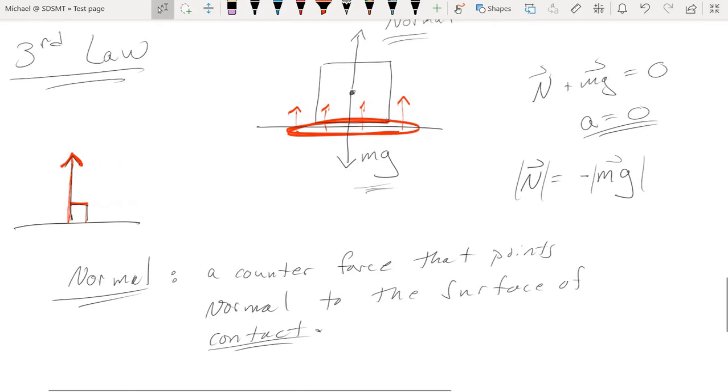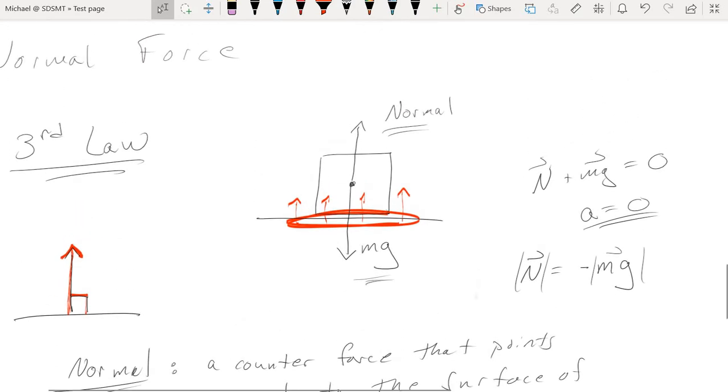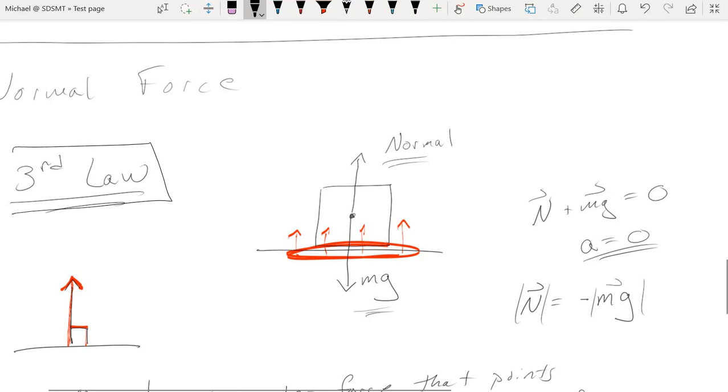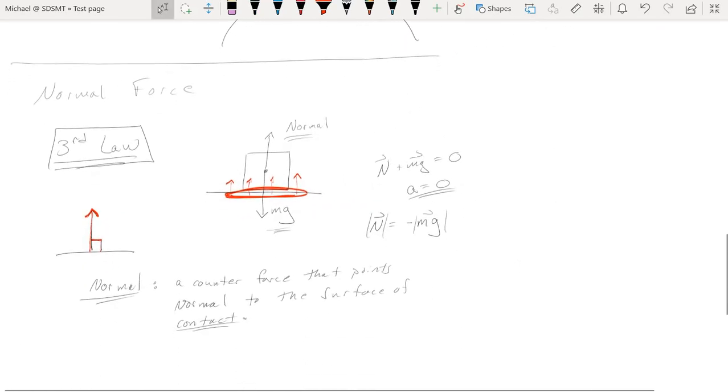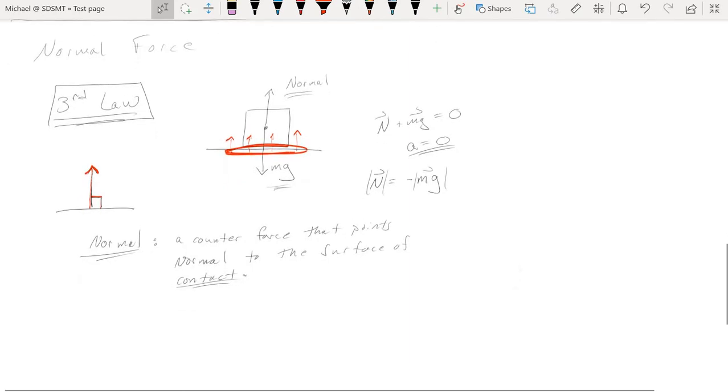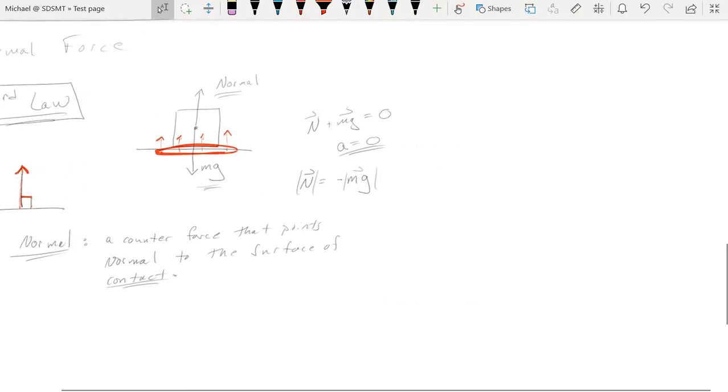Your mass must be in contact with the surface of something else, whether it's a table or a wall or another mass. You have to have that surface-to-surface contact in order for there to be that equal and opposite relationship of Newton's third law. And that's really all that there is to the normal force and in defining the normal force.